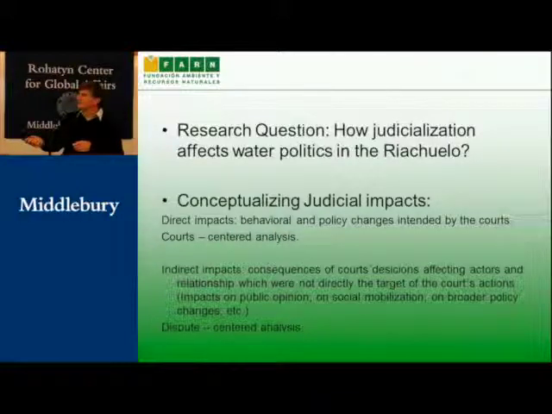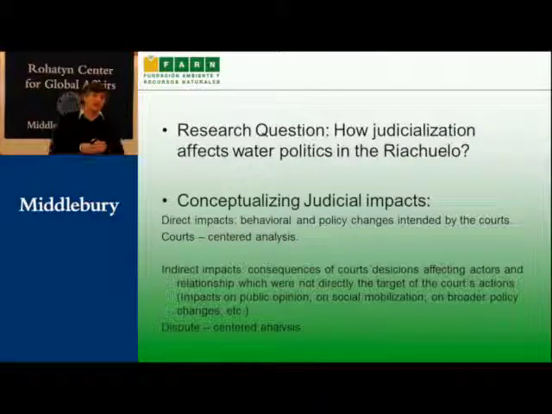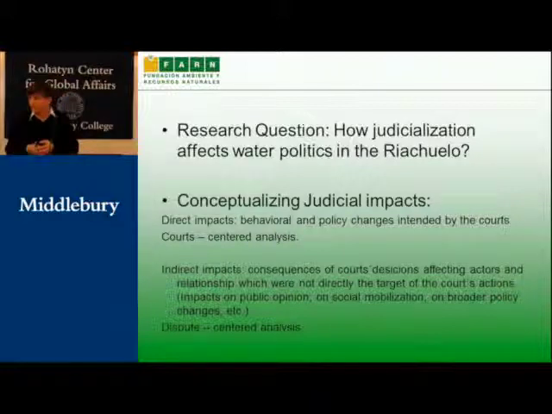Another part of the literature focuses on indirect impact. This is a broader concept. The focus here is on consequences of courts' decisions that affect actors and relationships that were not directly the target of the court actions, but nevertheless are related with the issue that the court is addressing. For instance, how the court resolution impacts broader public opinion on an issue, social mobilization, broader policy changes.